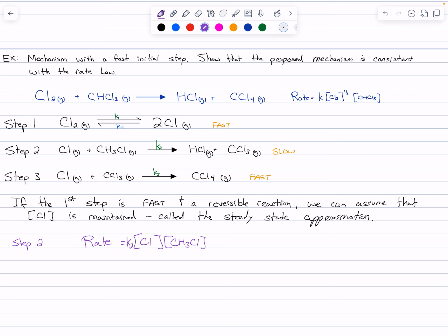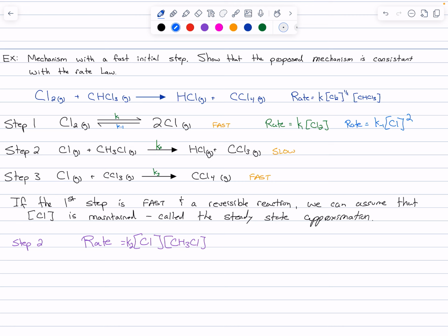The rate would be K1 times the concentration of Cl2, and then we'd also have the rate K negative 1 times the concentration of Cl squared.